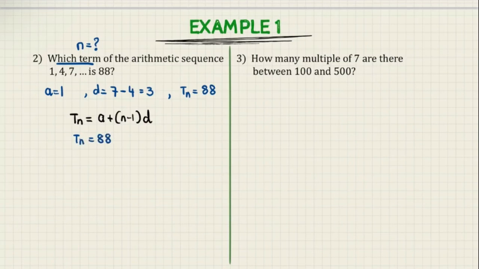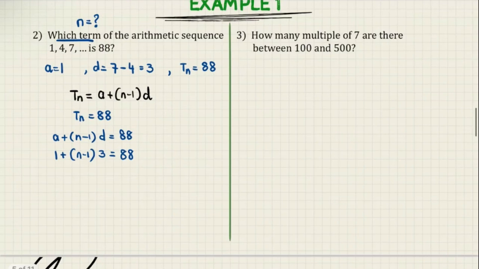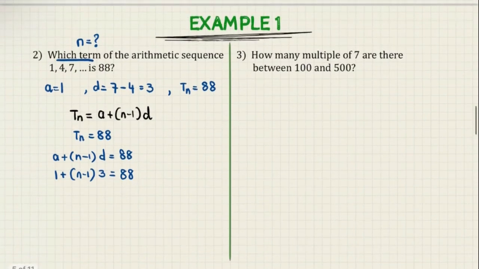So I will write as A plus n minus 1D adalah 88. So gantikan A dengan value yang kita dah dapat ni. A adalah 1, D adalah 3. So 1 tambah n tolak 1, 3 sama dengan 88. Okay. Nak expand pun boleh ataupun nak rearrange dia pun boleh. So saya mulakan dengan pindahkan.